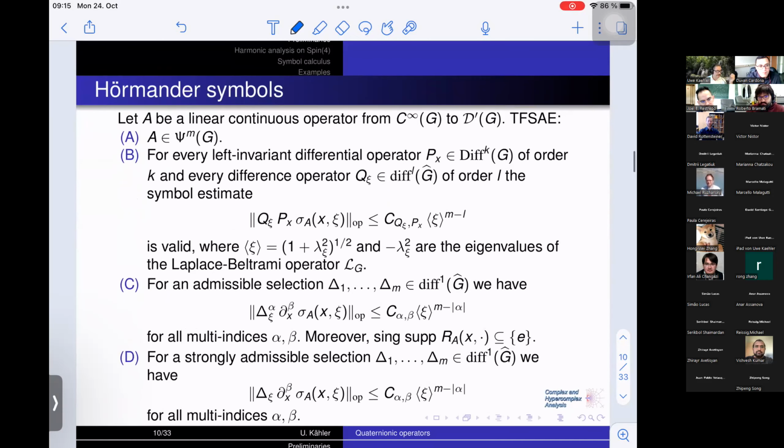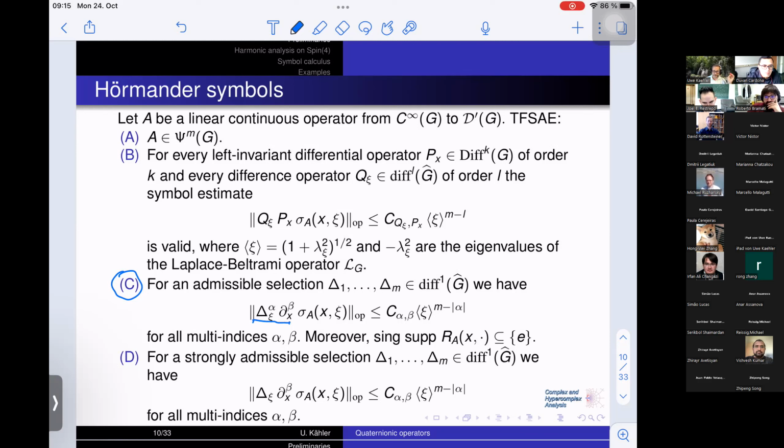And from that part, one can simply get the Hörmander symbols. So that's basically the point, especially I recall here, that you take now your difference operators, and with the differences and derivatives, you can get this part.